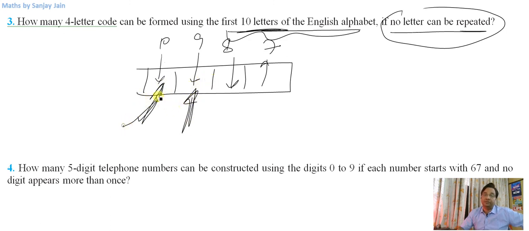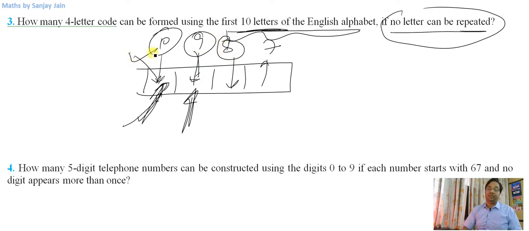So if I've used one of these 10 at this place, then I'll have only 9 options to fill this other place, and once I have filled these 2 letters, I'll have only 8 options left to fill the third one. I'll have only 7 options left to fill the fourth one. So the total number of options is 10 into 9 into 8 into 7.